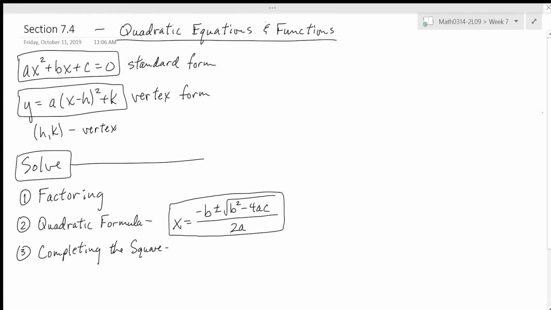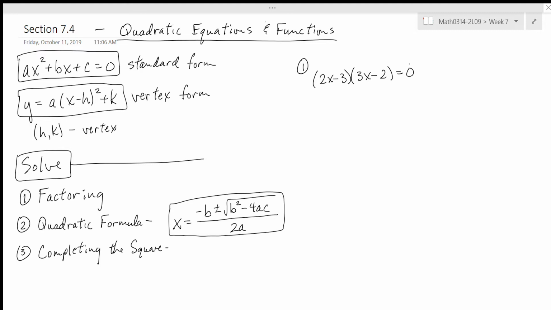And at this point, we've got everything we need now to work problems. So now we're going to start with our first example, number 1 in the text. Problem number 1, page 477, and the instructions say solve.